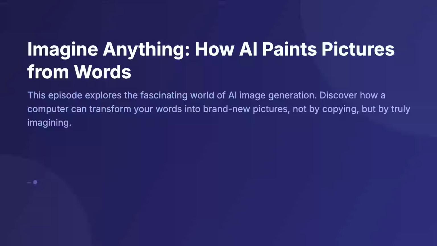So the big idea is that AI image generation isn't about copying or pasting existing pictures. It's about deep learning, understanding the essence of things, and then using that understanding to creatively combine and generate entirely new visuals based on our descriptions. Absolutely, Alex. You've captured it perfectly.